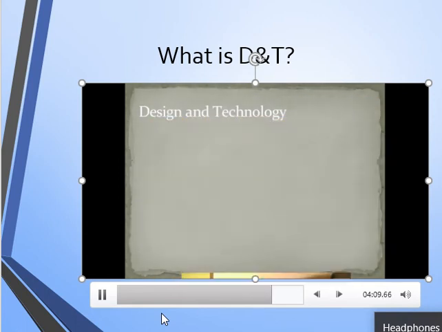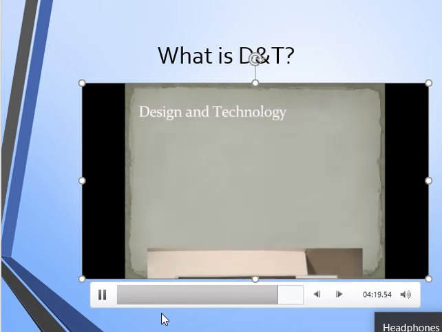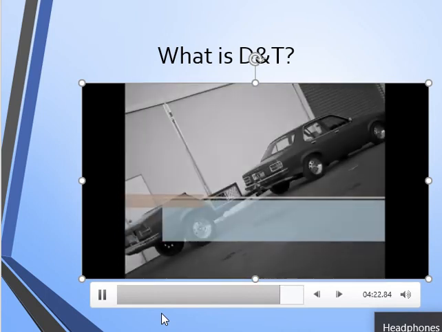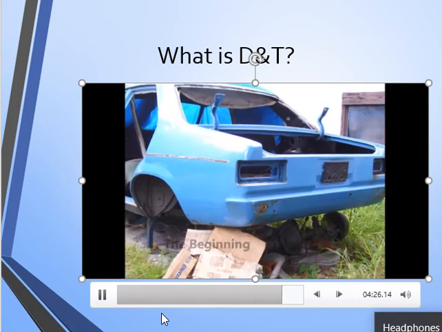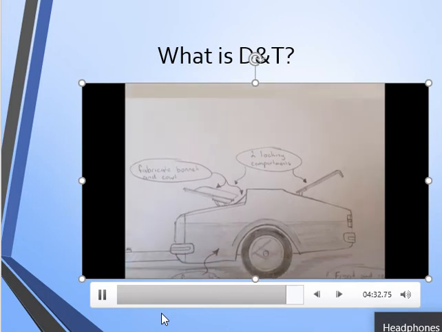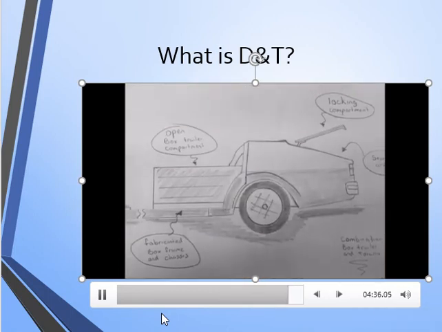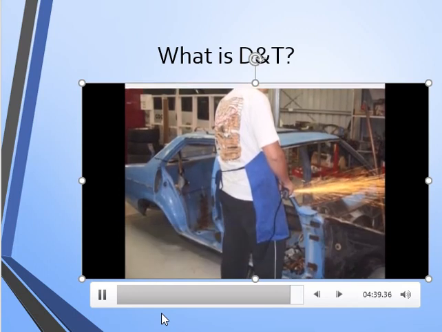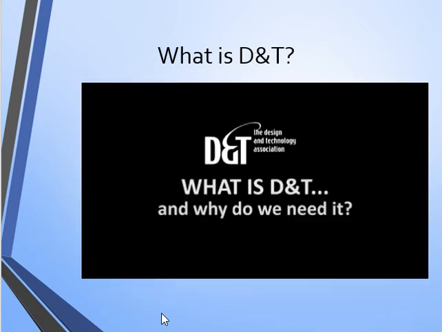These are some of the examples of design and technology projects. That was a great example of anything that can be achieved within the design and technology course.